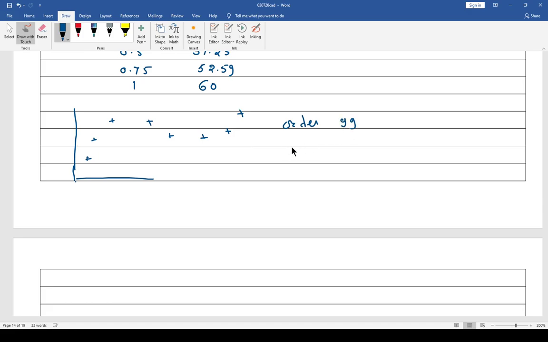Then finding intersection, finding differentiation, I have to solve an equation of order 99 whose polynomial order is 99, and there will be 100 coefficients. So that poses a challenge, and therefore what we do, we use piecewise polynomial.